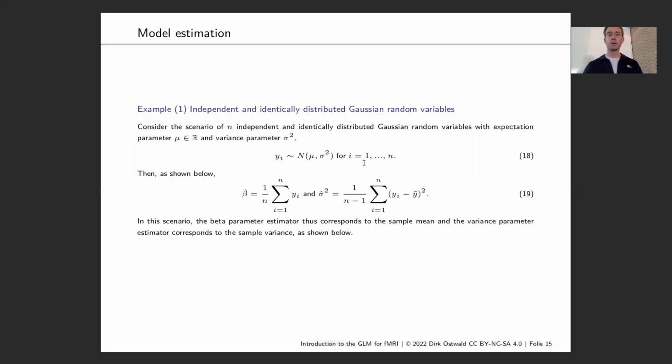And so what I've included in the slides is explicit forms for the independent and identically distributed Gaussian random variables. So this one sample t-test design that we saw earlier on, and also for simple linear regression, but I will only discuss the Gaussian random variable one sample t-test design now.